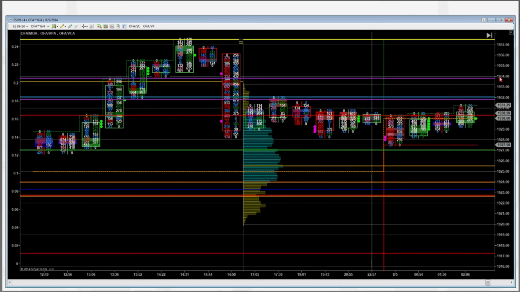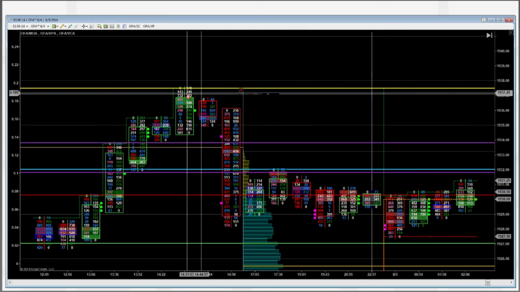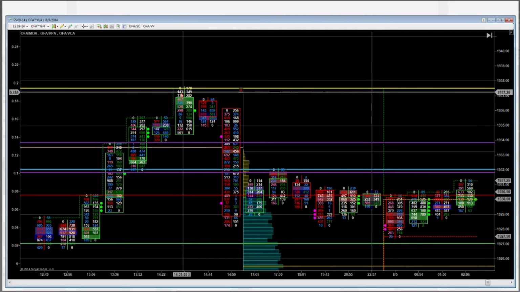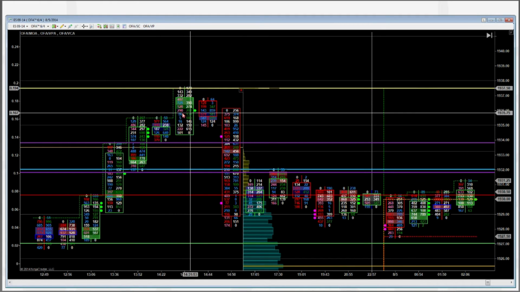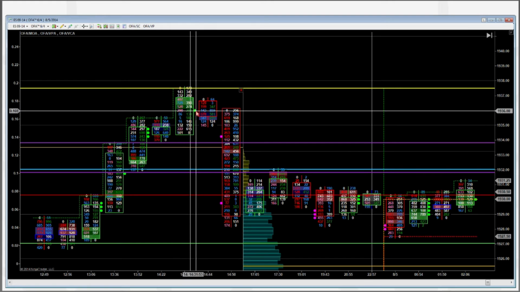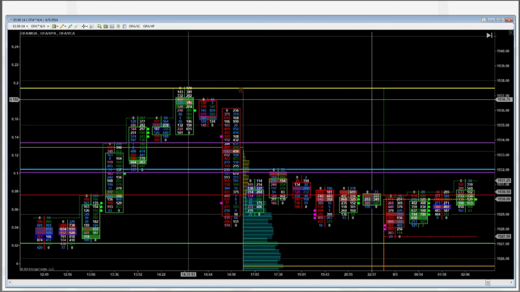So I have strength. I gotta make this a little bigger. Okay. We had actually relative neutrality in terms of the auction, not strength to the bid or the offer side. We had momentum in this bar. We had a cluster that showed the majority of volume in this cluster came in at the offer.